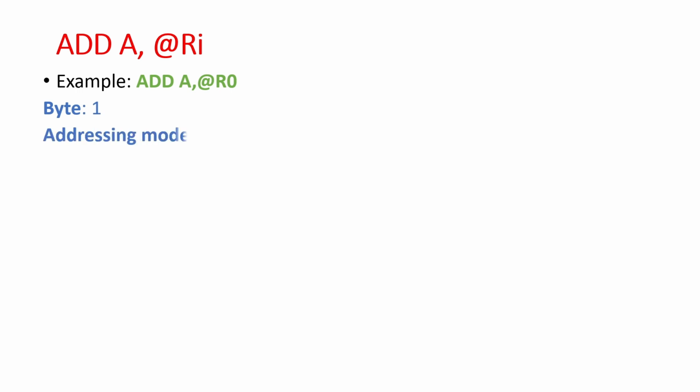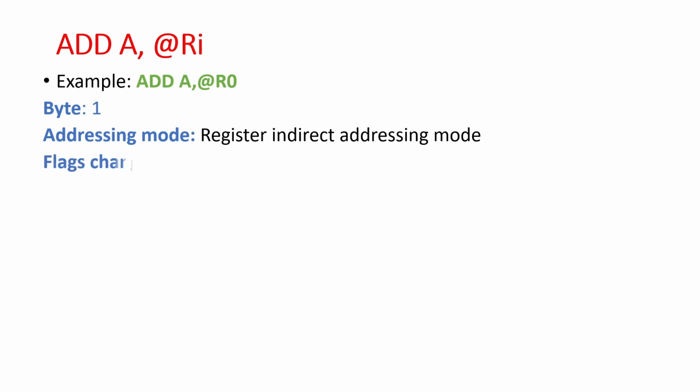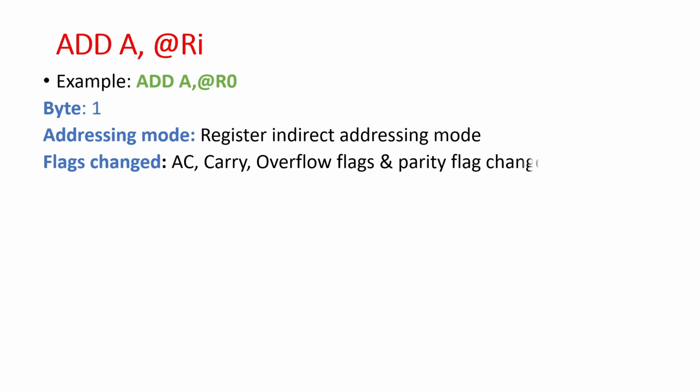See the next instruction, ADD A, @Ri. Example is ADD A, @R0. This is a 1-byte instruction. Addressing mode is register indirect addressing mode. Flags changes, auxiliary carry, overflow and parity flags are changed. Now the operation.